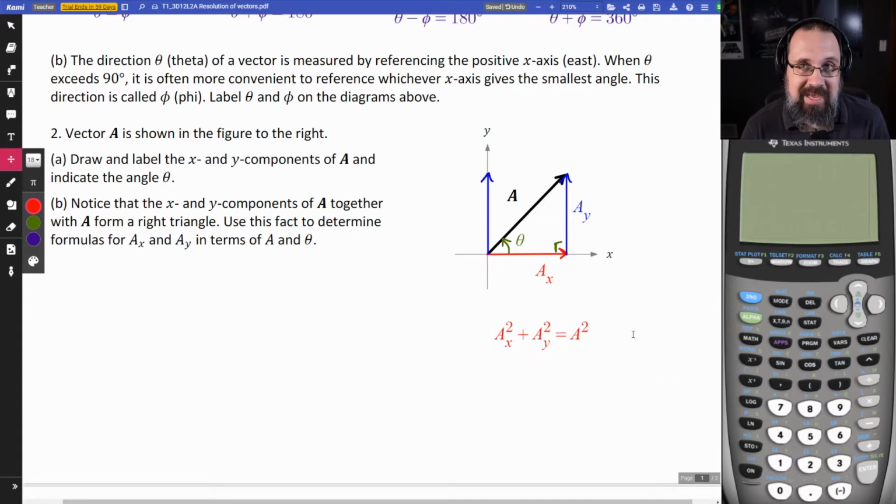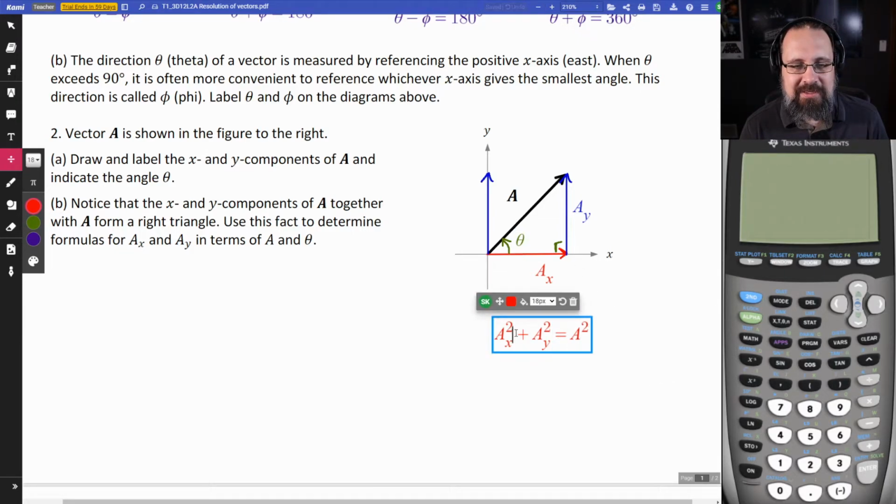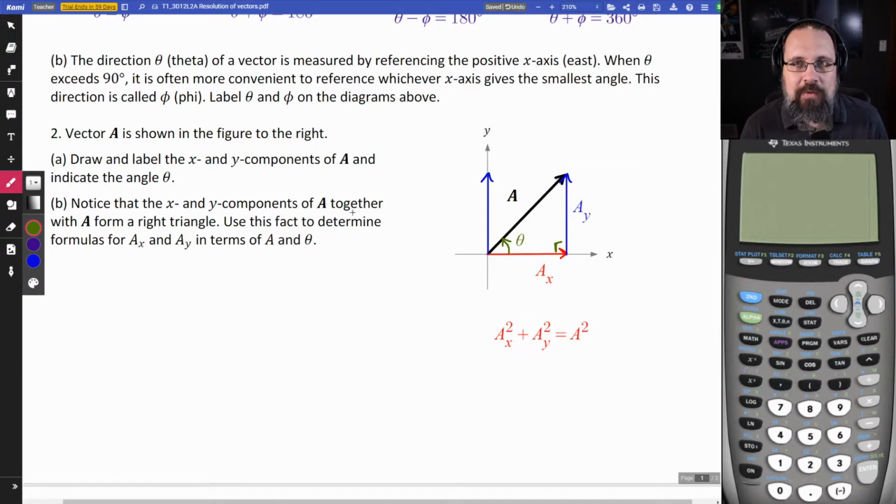And that's just the Pythagorean theorem. But if you wanted to solve this for AX, you'd also need to know AY and A, but we don't know AY. The only given information we have here is the magnitude of vector A and the direction of vector A. And from that information, we want to calculate algebraically the magnitude of AX and the magnitude of AY.